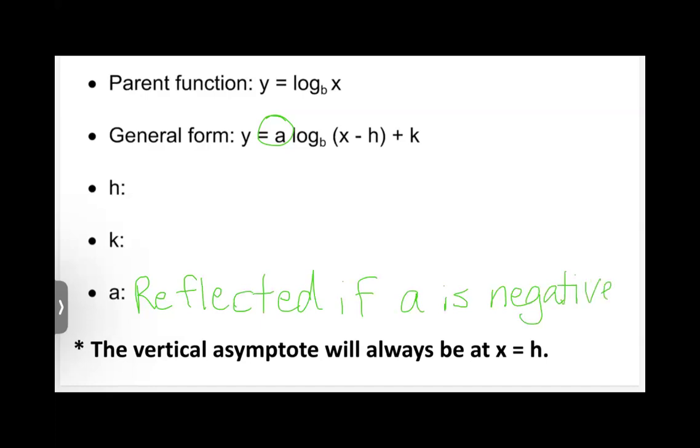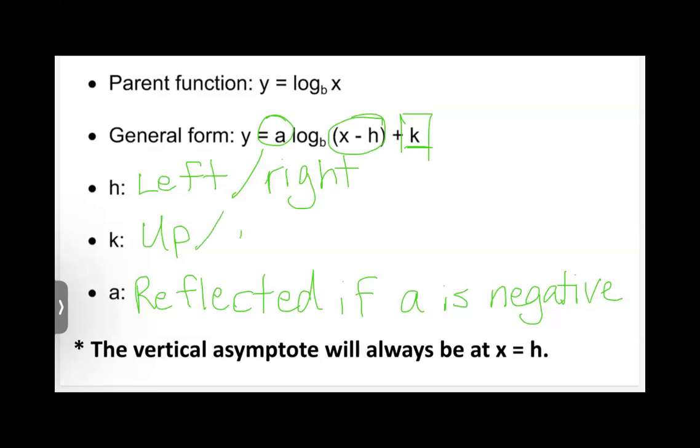And then H is in the parentheses with X, so H is going to move you left and right, because the x-axis goes left to right. And then K is out here, not hanging with X, so K tells us whether we're going to go up or down.